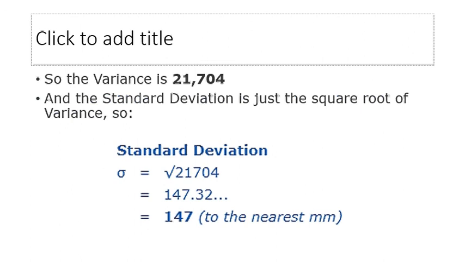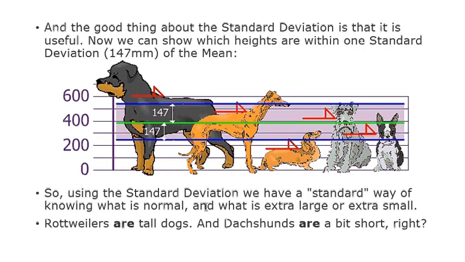Now, once we have this value, the standard deviation, we could plot here from the picture the height of dogs with regard to how its numbers are spread, regarding its height. 147.